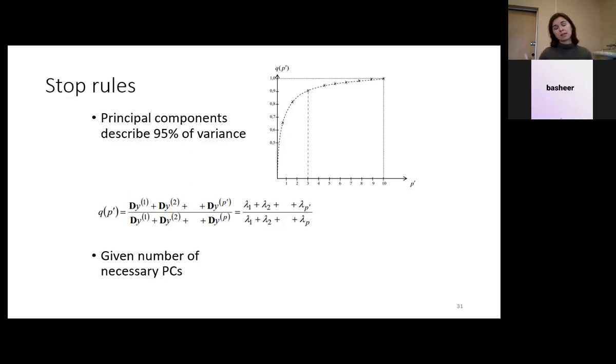So you just select the required number of components in accordance with the variance, and the variance of the components will be just an ordinary sum.